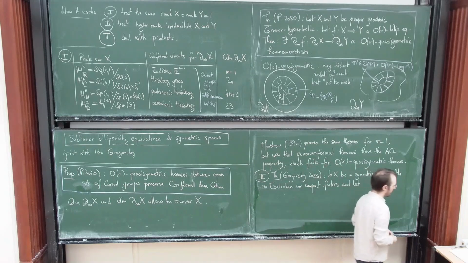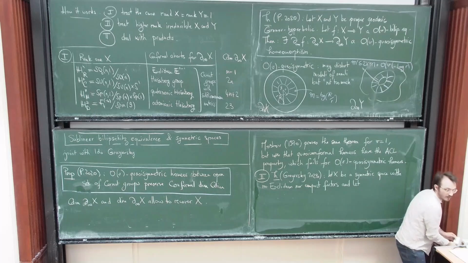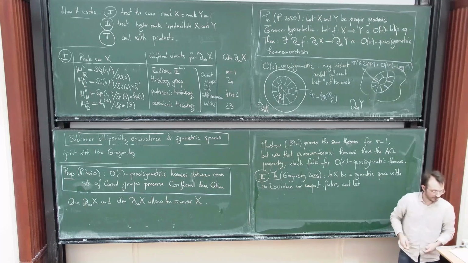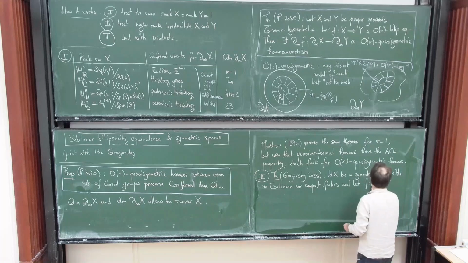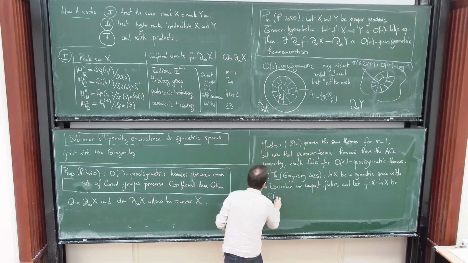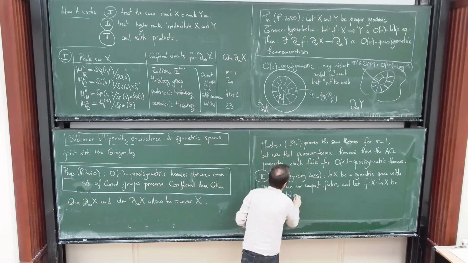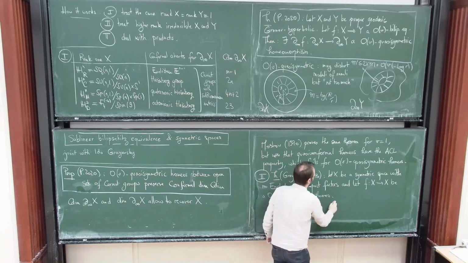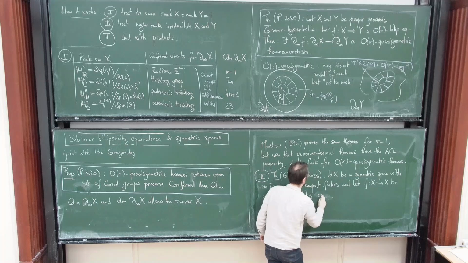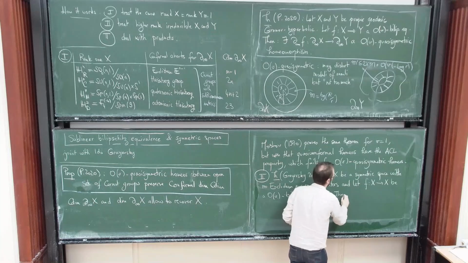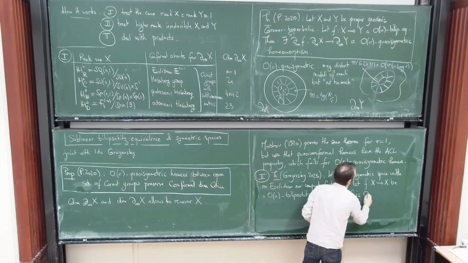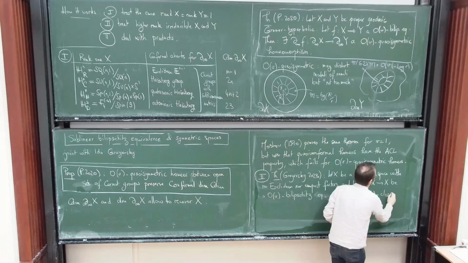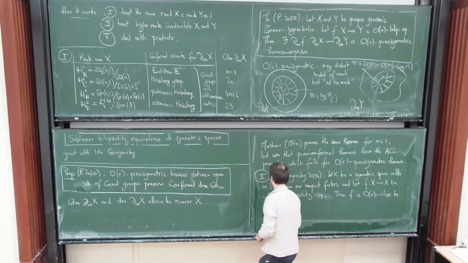And let f: X to X be an O of V, no, for the bilipschitz equivalence. Then f is sublinearly close to another isometry.